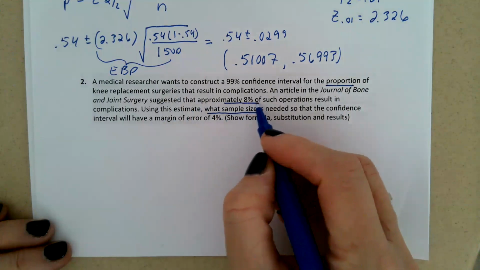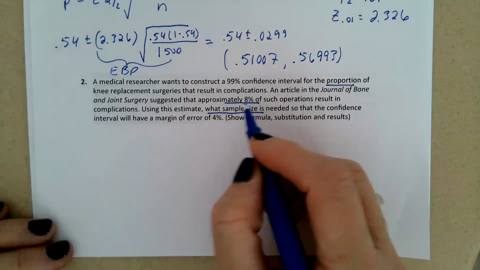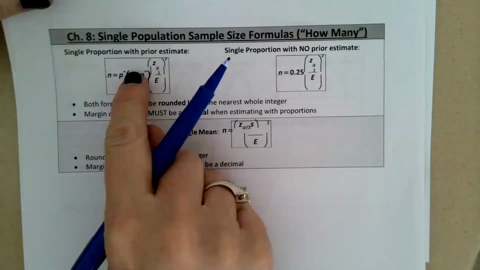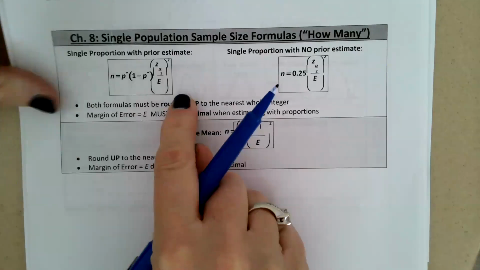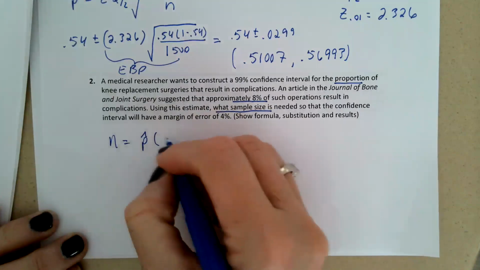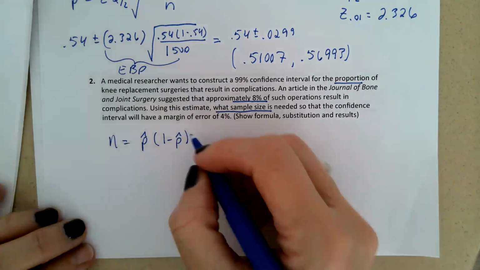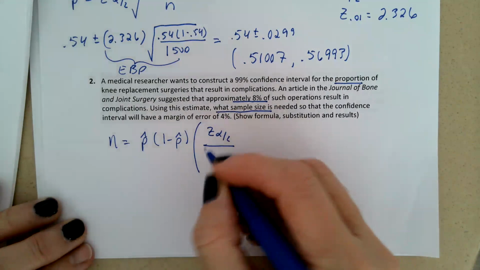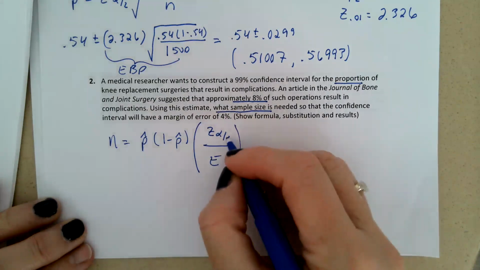So they're saying that we can probably use from previous data 8% as our p-hat. So we're going to use this formula because we have a suggested estimate. So n equals p-hat times 1 minus p-hat times z of alpha divided by 2 over the error, all of that squared.